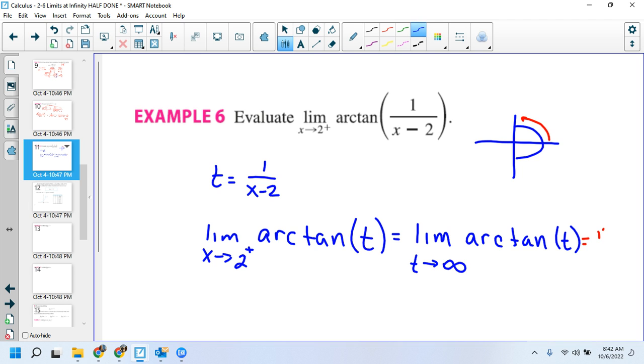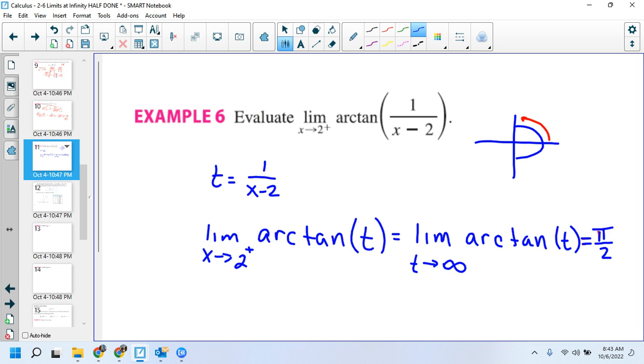Okay, pi over 2. Because as I get closer and closer to the 90, that's going to make it go closer and closer to pi over 2. That's where I'm taking the t, sending it bigger and bigger. That's going to make the tangent get bigger and bigger. The angle, the biggest possible one, is pi over 2.